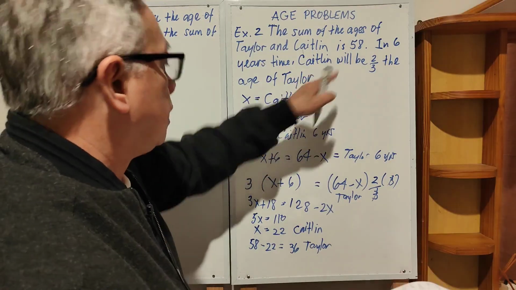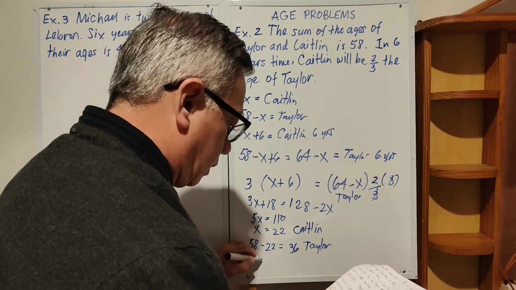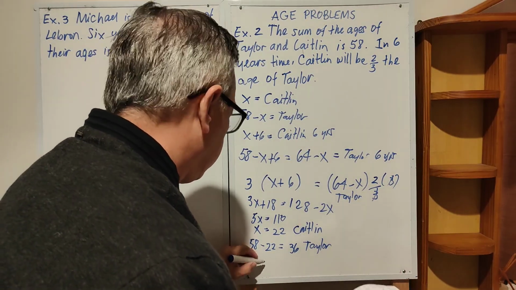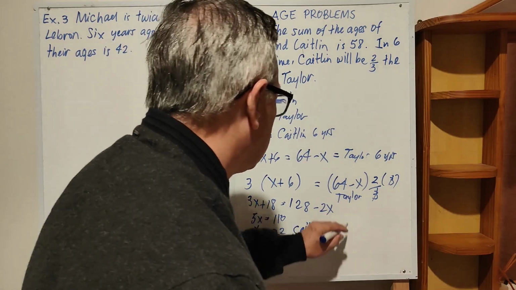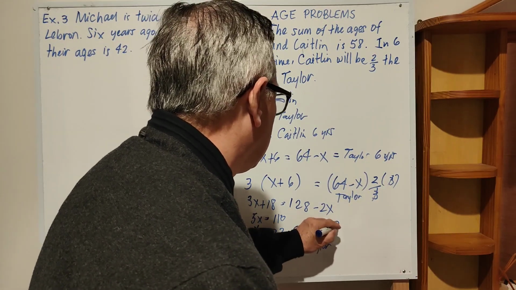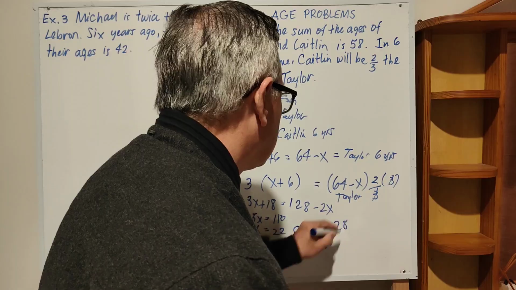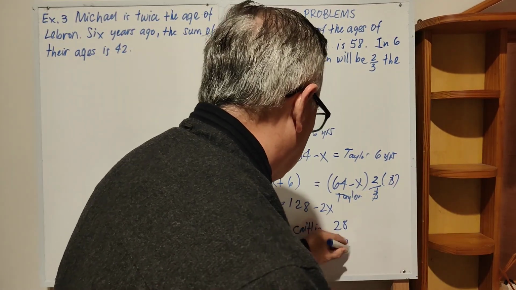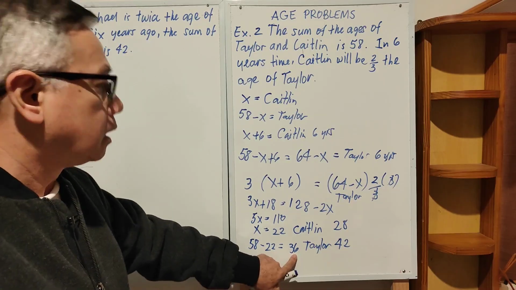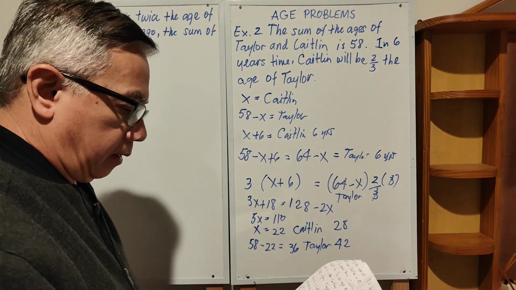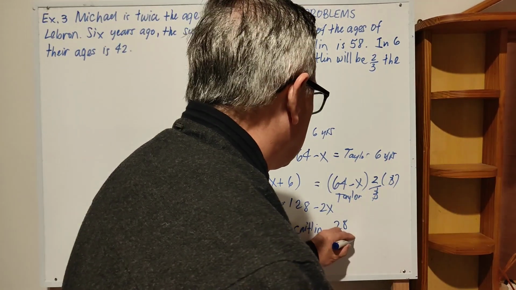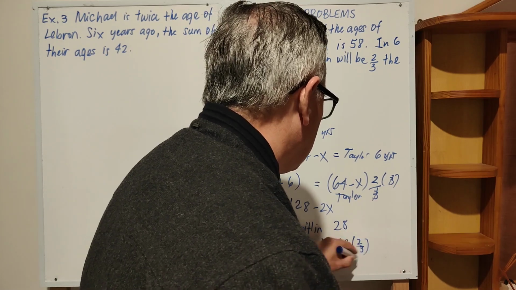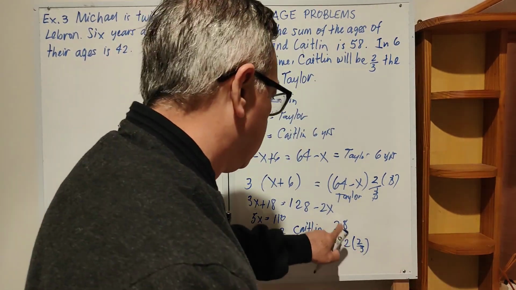In 6 years' time, 22 plus 6 will be 28, so Caitlin will be 28. Taylor will be 42, since 36 plus 6 is 42. If you multiply this by 2/3, that would be 28.